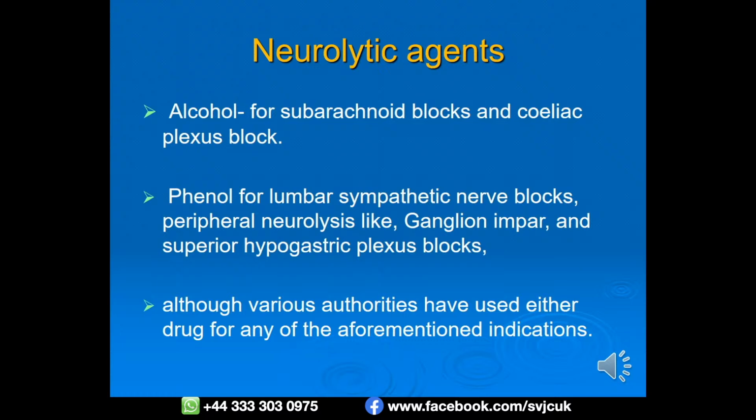Alcohol is generally used for subarachnoid blocks and celiac plexus block, and phenol, for example, is used for lumbar sympathetic nerve blocks and also peripheral nerve blocks and ganglion impar and superior hypogastric plexus blocks. Although different authorities have used these two agents for other blocks as well.